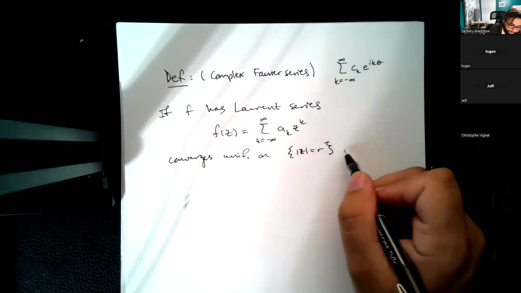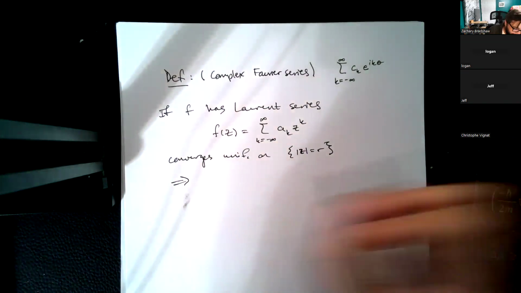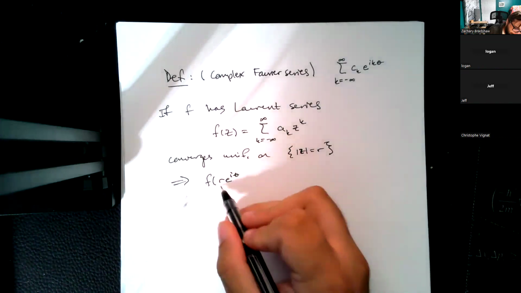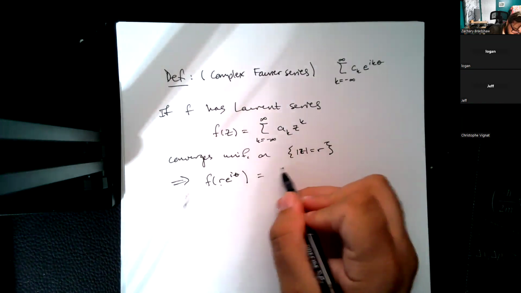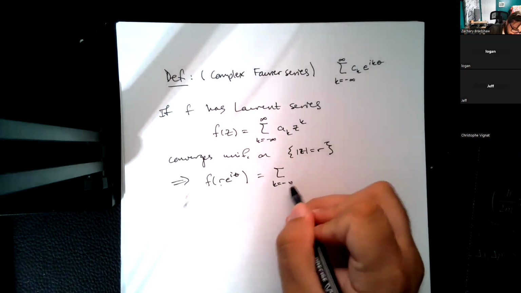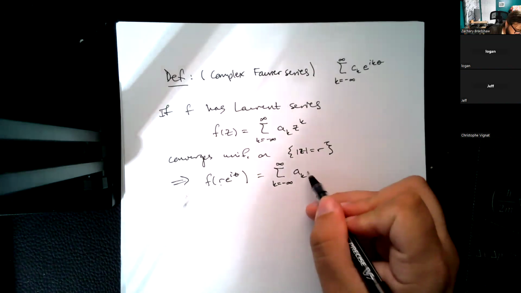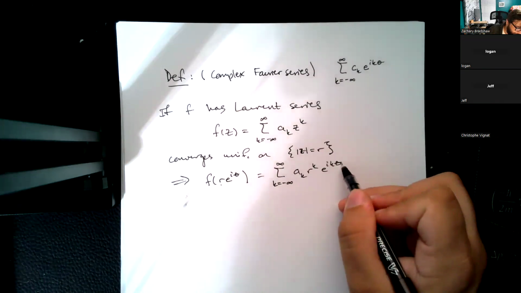And this will tell us that f of r e to the i theta, this is the same r as that one, is equal to the sum from k equals minus infinity to infinity, a_k r to the k e to the i k theta.